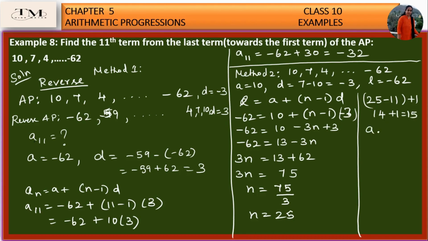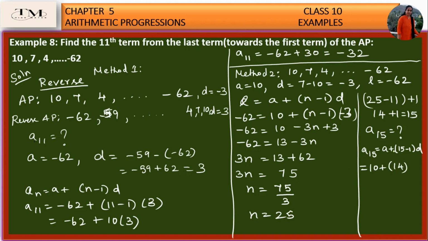So we need to find A15. So A15 will be equal to A plus 15 minus 1 into D. What is A here? A is equal to 10 plus 15 minus 1 is 14.